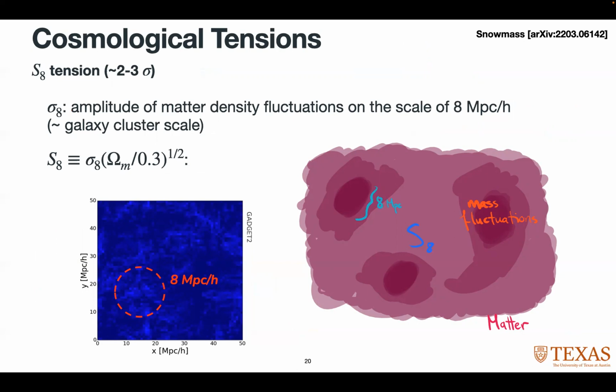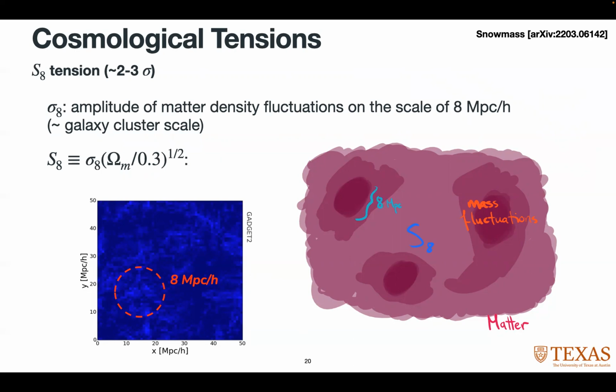And sigma 8 is the amplitude of linear matter fluctuations on the scale of 8 Mpc per h. This corresponds to a large scale that can be probed by simulation and data.